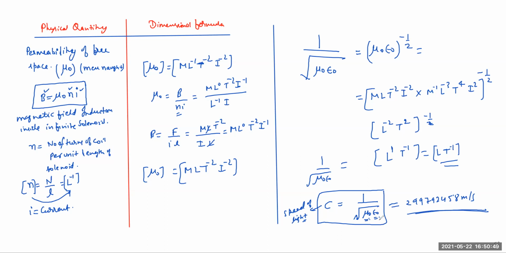This is the vacuum property. So C is the speed of light in vacuum. Anyway, this is very interesting and you should remember that C equals 1 upon root of mu naught epsilon naught. Okay. So what next?